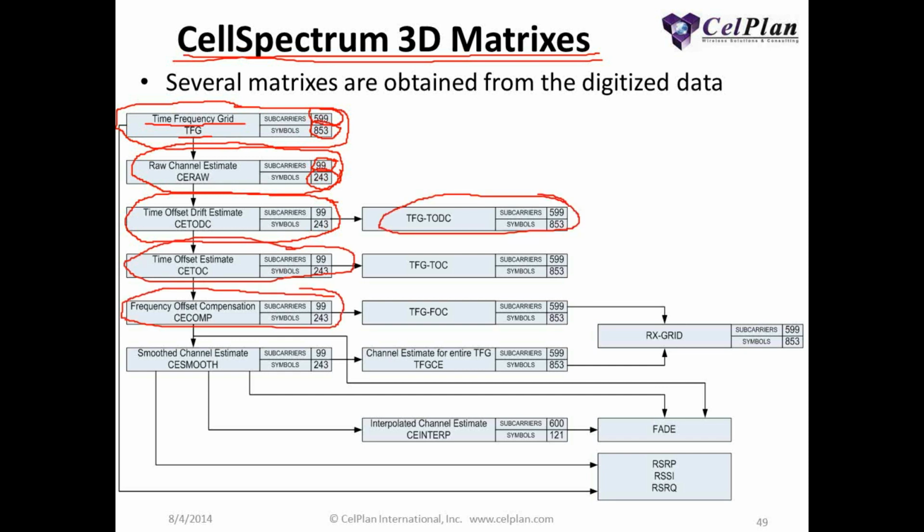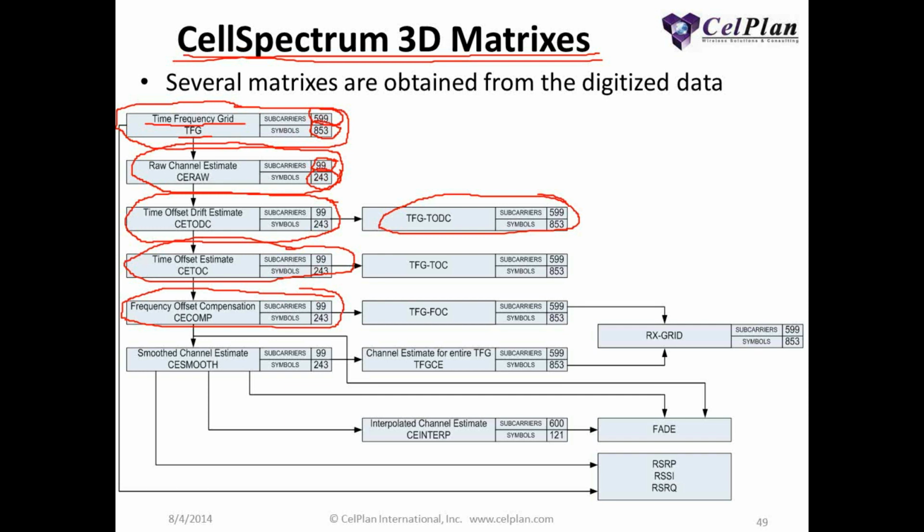Those time frequency grids are intermediate results, but they may be used during the extraction of the 2D and 3D parameters, 1D parameters. So we need them as intermediate steps.